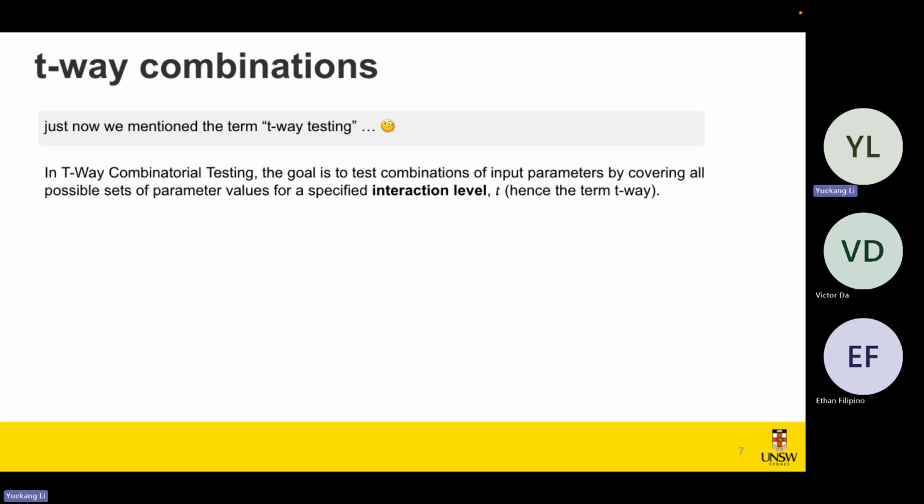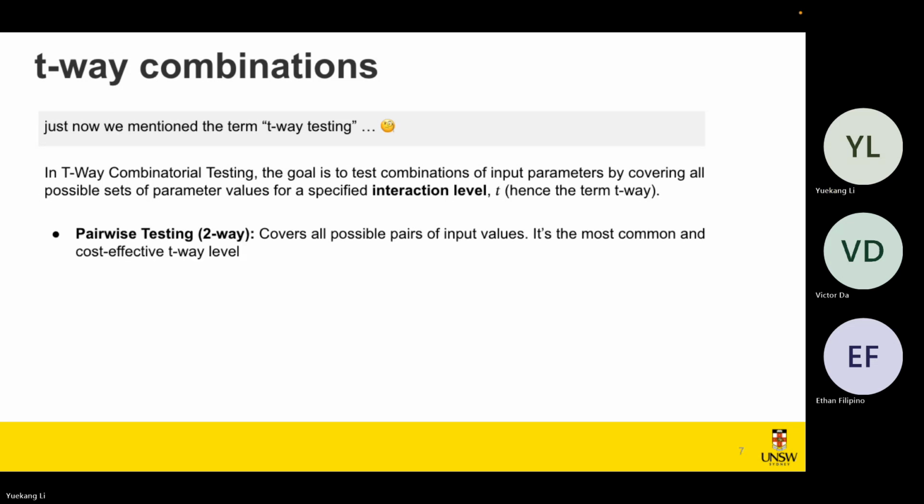Different parameters can interact with each other, and we have to specify the interaction level here. The number t is used for describing this interaction level among the input values. You may think this definition is very abstract. Let's look at some concrete examples later to learn better what T-way combination is about, okay?